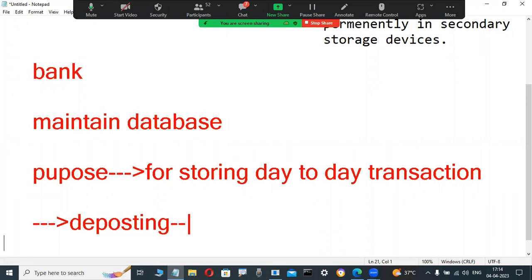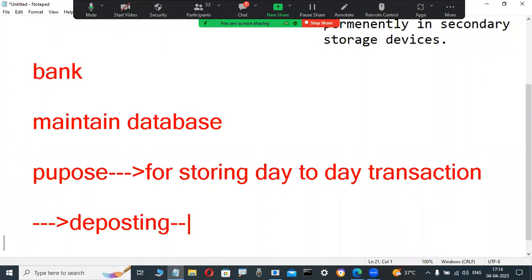Suppose you have 10,000 rupees and you withdraw 3,000, then the remaining 7,000 rupees is permanently stored in the database. Those details, which time you withdrew, which time you deposited, how you transferred money from one account to another account online, all these details are permanently stored in some place. Once that data is stored permanently, in future we use it for reference purposes. That's why banks maintain databases.